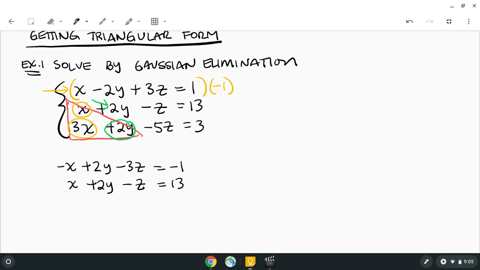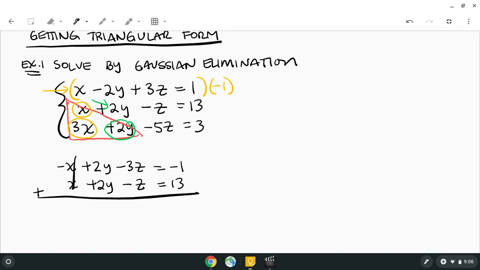You don't have to bring down that third one because we're not really working with that, but if you want to bring it down, that's fine. I'm going to leave it up there, because I'm trying to combine these two to eliminate that x in the middle. So I'm going to go ahead and combine these.